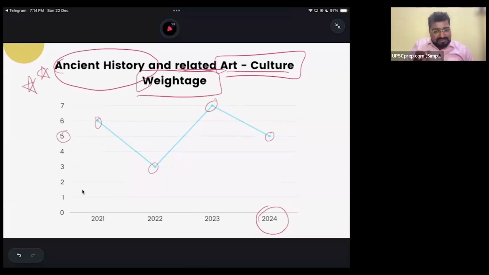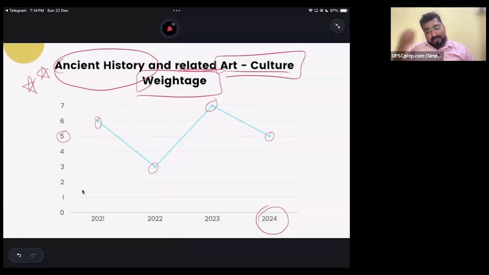So what do we mean by ancient history and the related art and culture? Let's say, for example, Gupta period. The contributions of the Gupta period to the polity, economy, society, and in general culture as well, we study in the ancient history. But a few important things, like a particular type of temple architecture which developed during Gupta period.